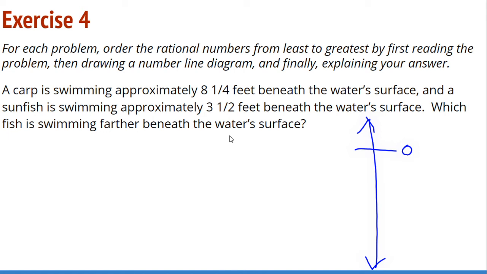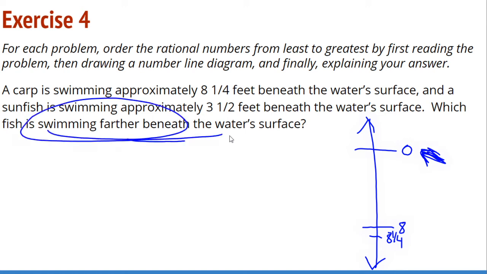I've got one of them that is 8 1/4, so I've got to come down here to 8 and a little bit more. So 8 1/4. And I've got another one that's 3.5 feet below. So 0 in this case is the surface of the water, and I'm asking who is farther beneath the water surface?